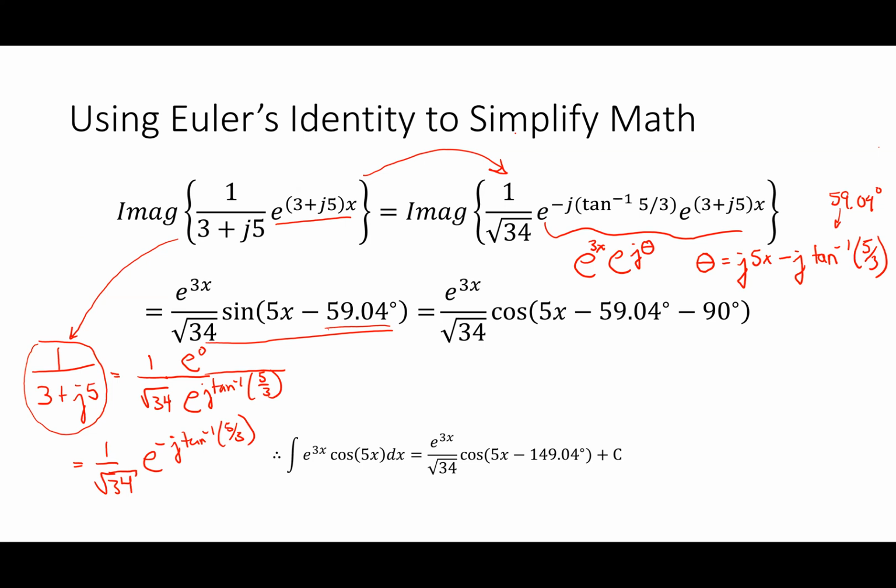So the terms real and imaginary in that context: anytime I take the imaginary part of something, if you expanded this out, think of this as e to the 3x times e to the j theta, where theta is this, so 1 over square root of 34 times cosine theta plus j sine theta, times e to the 3x.